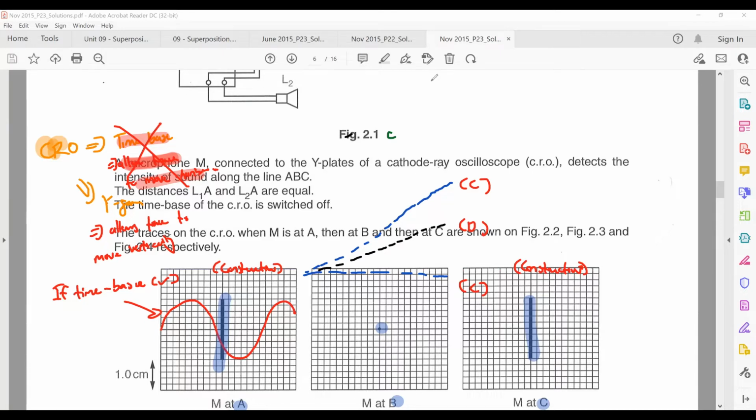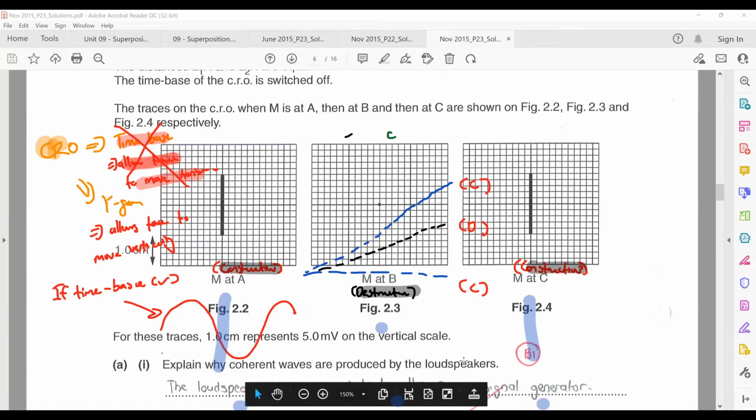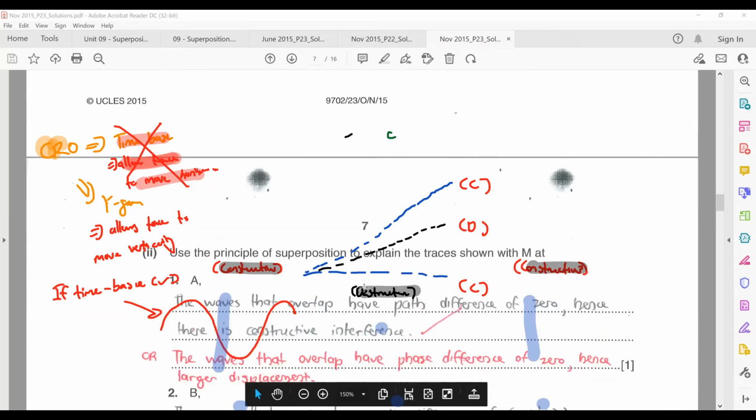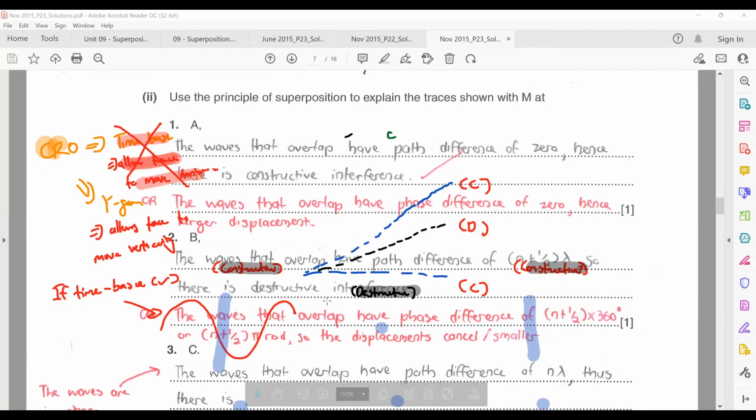But at point B itself, this would most likely be destructive because you're not getting anything. So you could identify the points as being constructive and destructive like this. But you need to use principle of superposition to explain the traces shown at A, B, and C.